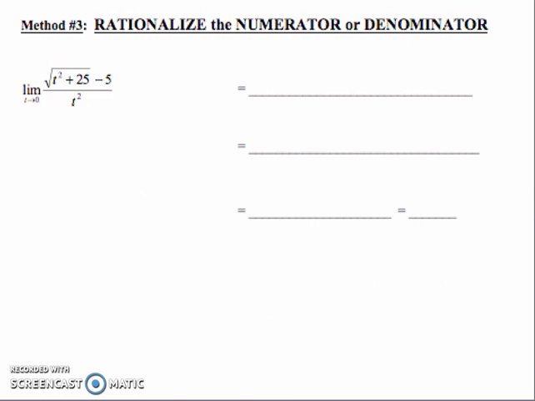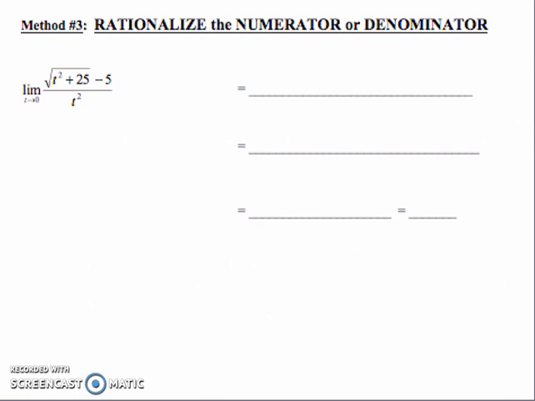When you look at the fact that we're trying to evaluate this limit as t approaches 0, right away we've got that problem of we can't use the limit of a quotient because if we plugged 0 in, our denominator would be 0. And same issue with we can't do direct substitution for the same reason because we'd be dividing by 0. So let's take a look at trying to rationalize our numerator.